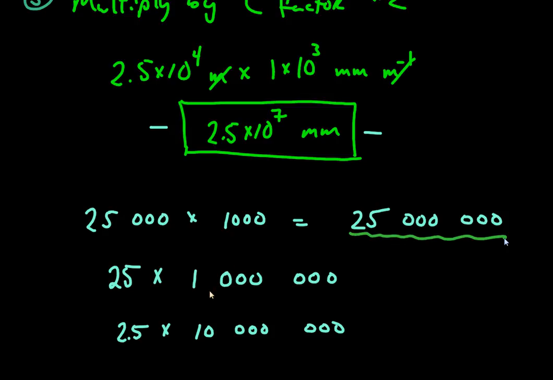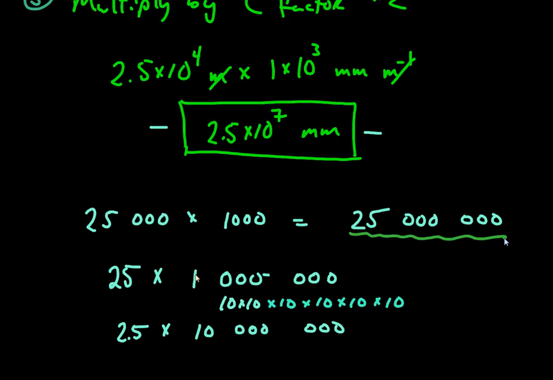Since we have a base 10 number system, we can break this number down and talk about it in terms of powers of 10. If I take 10 times 10, what do I get? 100. Times 10, times 10, times 10, times 10 is a million.